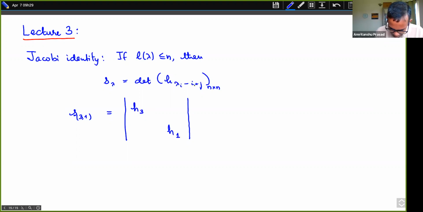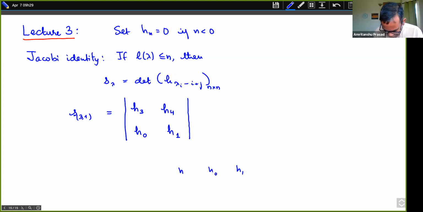And that's because when you put i equals j, you just get h_{lambda_i}. And then as you increase j, the index on the h increases. So you go to the right and this becomes h_4 and this becomes h_0. Now here there's a slight caveat. You need to define h_n equals 0 if n is less than 0. So those terms will just not be there. So if I had a 3 by 3 matrix, maybe h_3, 2, 1, then the last row would have an h_1, then there would be an h_0 and an h_{-1}, and that would just be replaced by a 0.